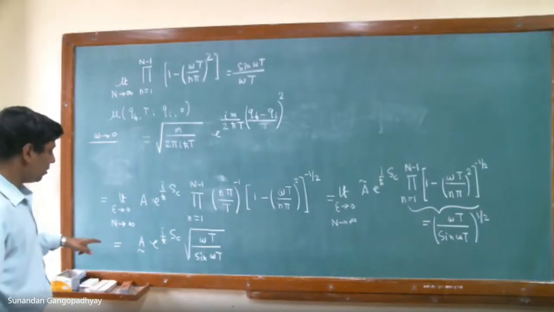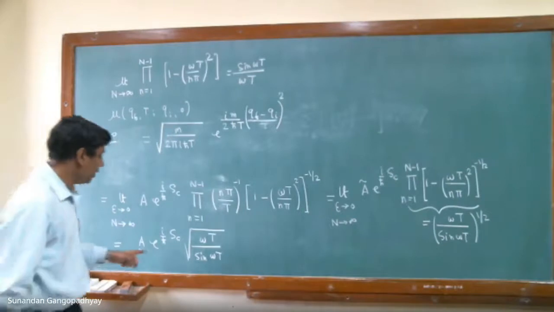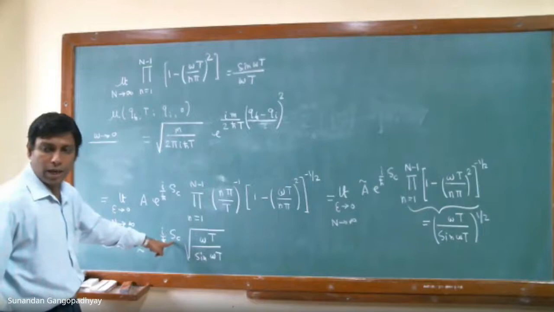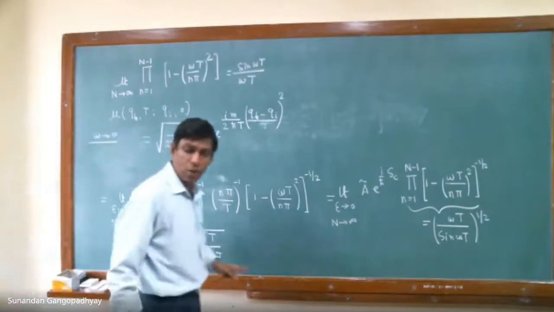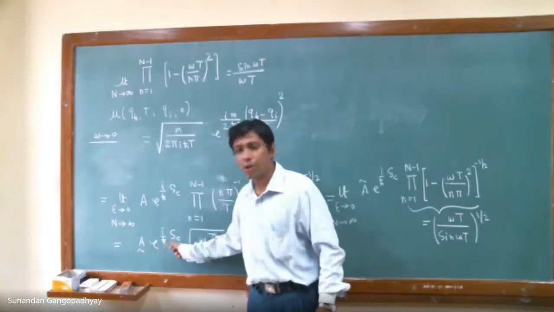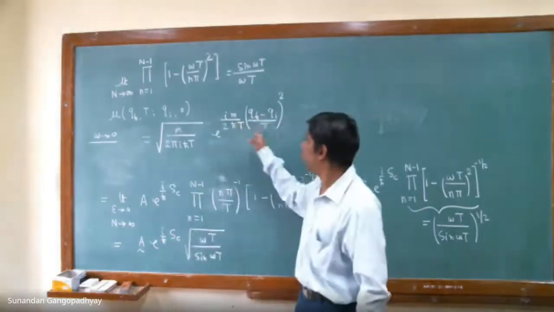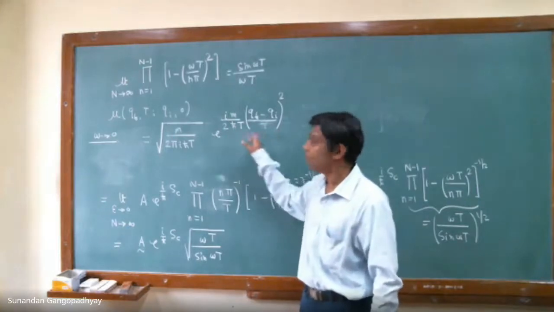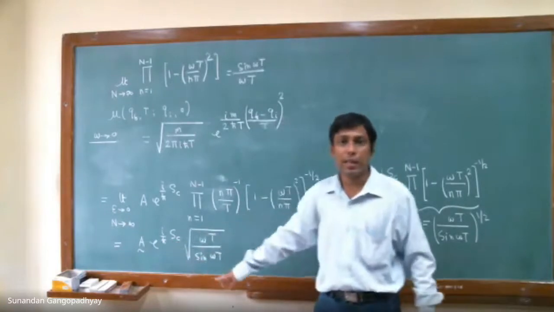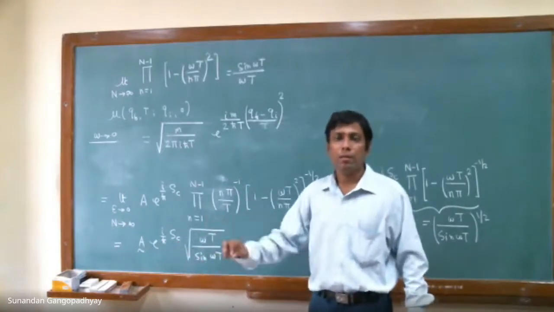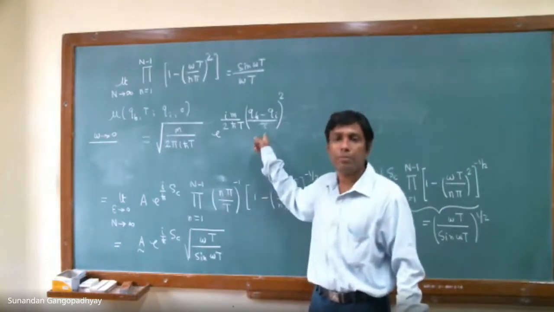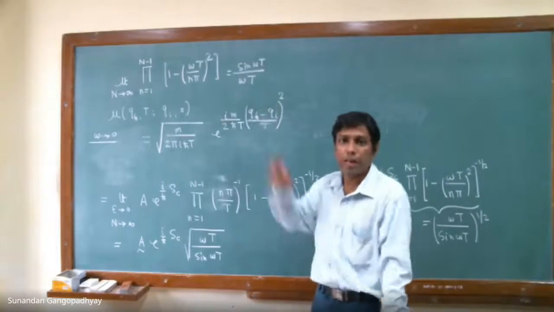Now what you notice from here is the following. You can easily check that if you take the omega going to 0 limit of the classical action for the harmonic oscillator that you have obtained, it boils down to this factor. I have already given you the result for the classical action, so just plug in omega equal to 0 there and you will get the free particle factor, e to the power of i something.